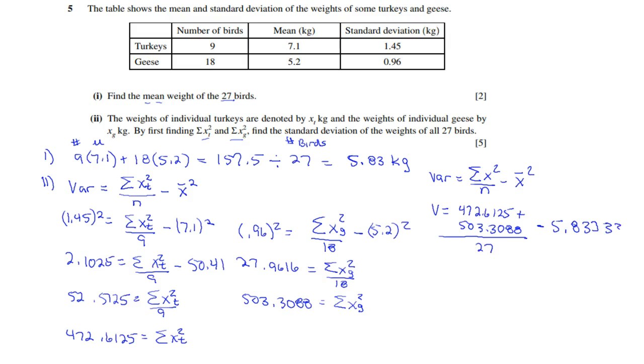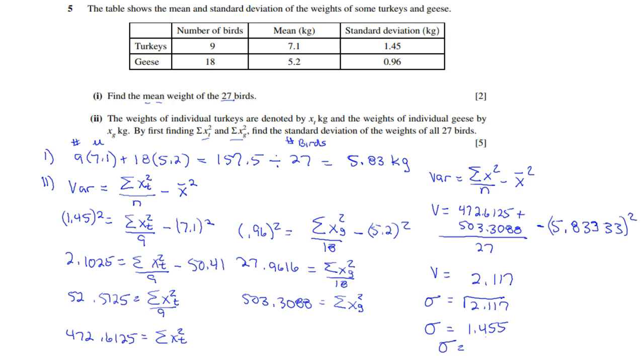Make sure you use the not rounded version, and then square it, and that'll give me the variance. And once I have the variance, which is 2.17, all I've got to do is square root that, and that'll give me the standard deviation for all the birds.